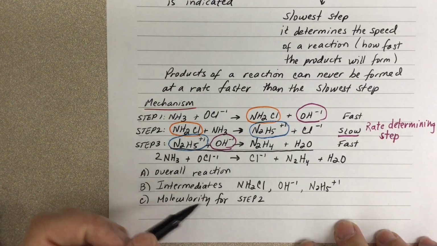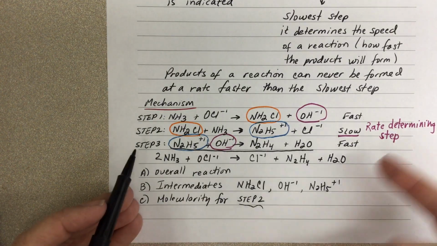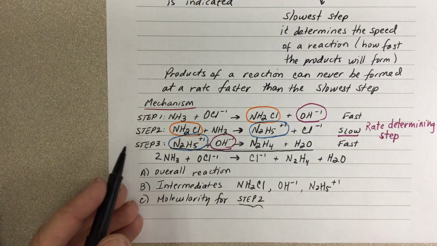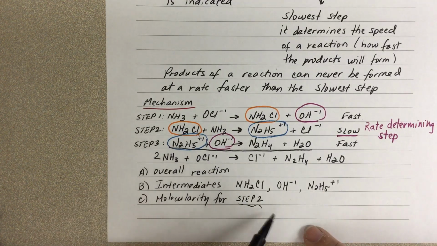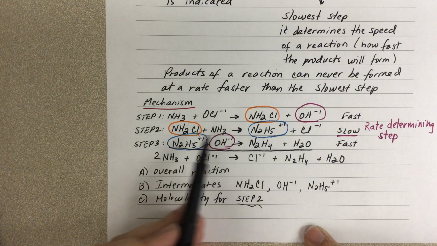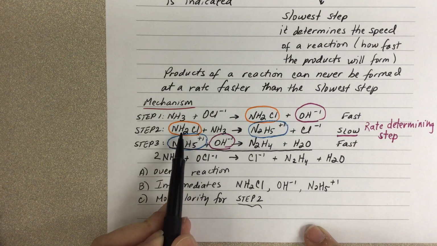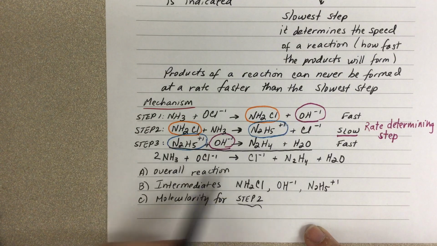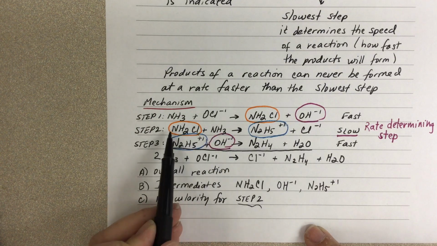Now molecularity, and I'm asking only for step 2, which is your rate determining step. So the molecularity for step 2, remember, even though this is an intermediate, the intermediate is not going to show in the overall equation, but it's part of your step 2.